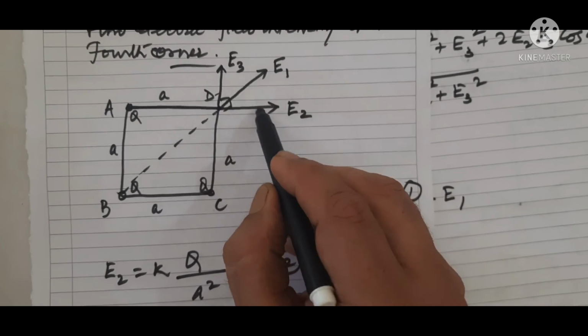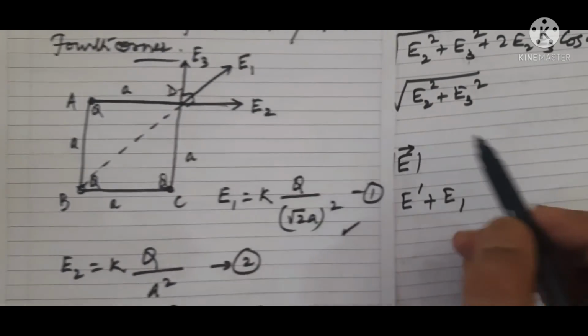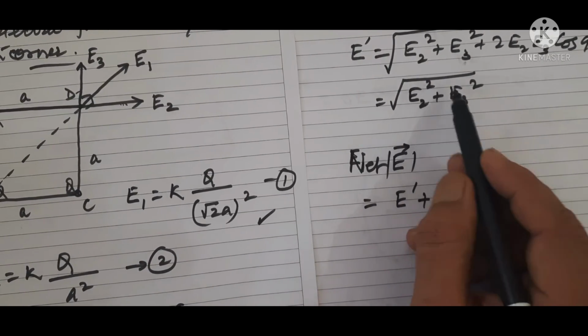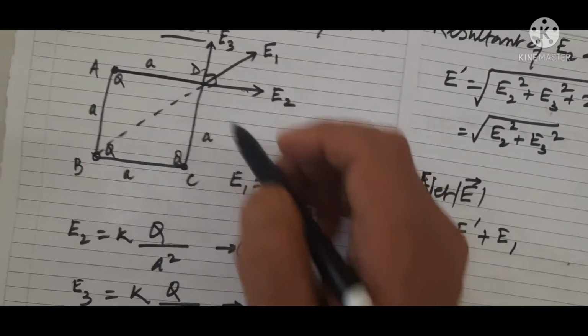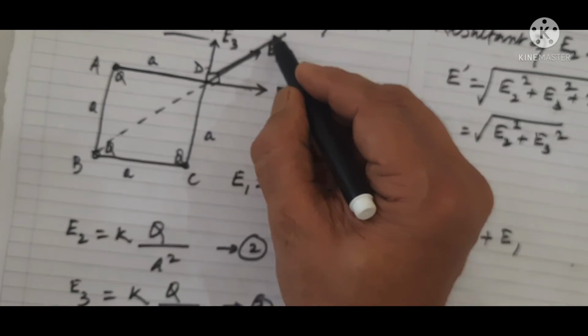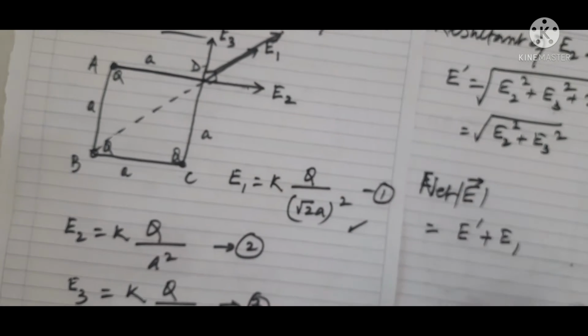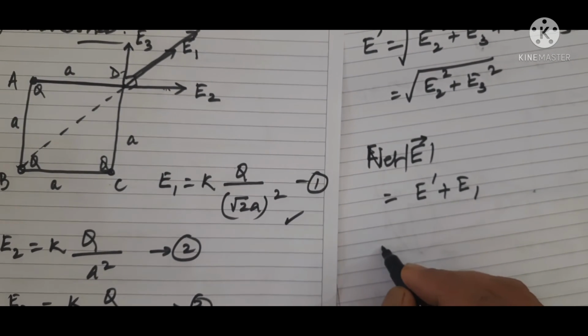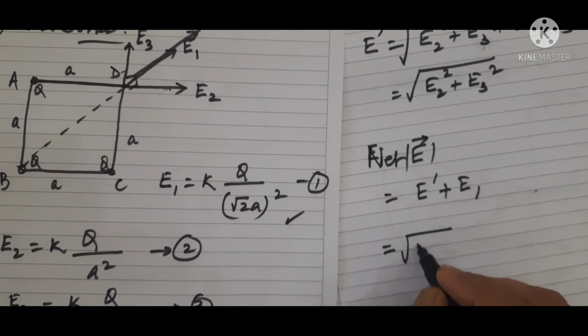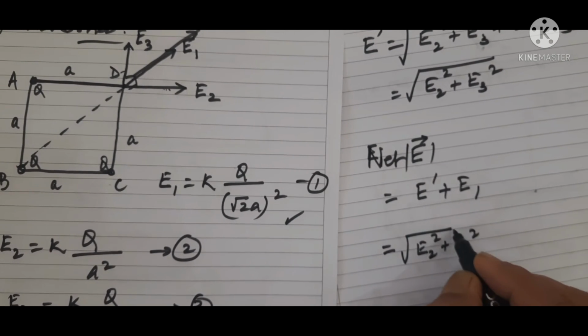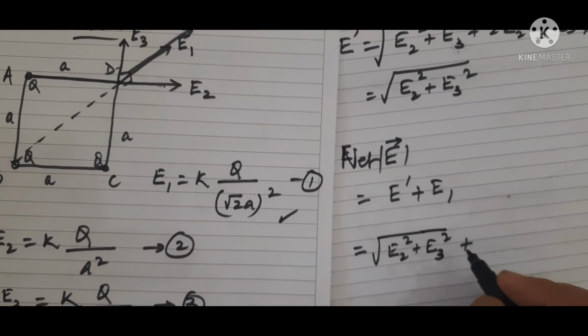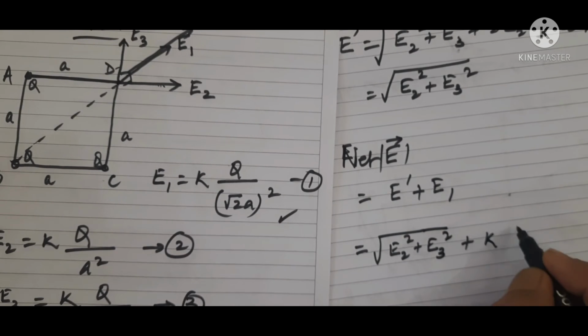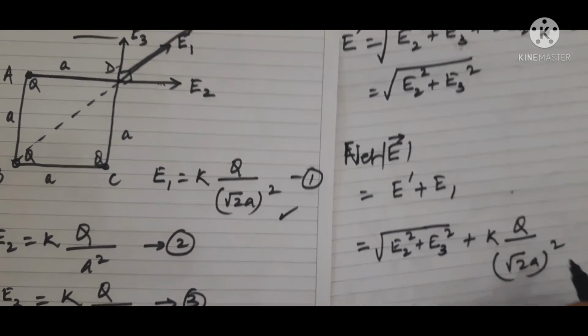The resultant of these two is E dash, the square root of E2 square plus E3 square, and the resultant is also in this same direction. So that's why E dash plus E1. So we are writing the square root of E2 square plus E3 square, plus E1, which is k q by (root 2 a) square.